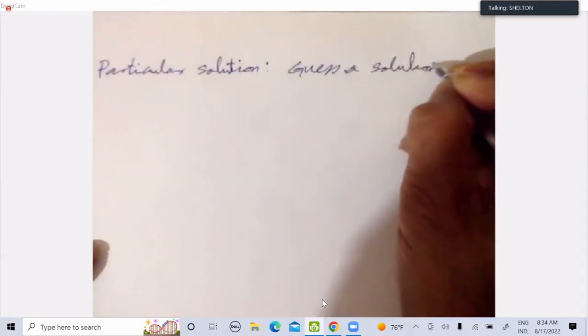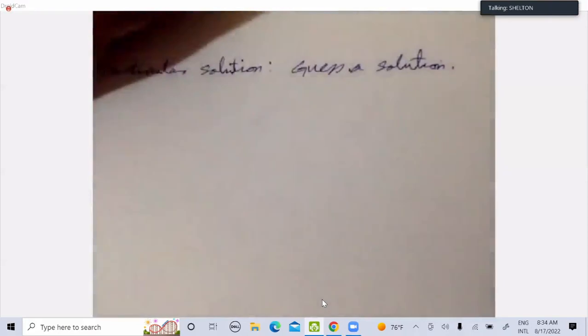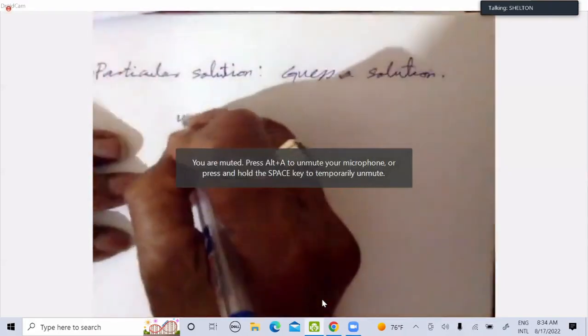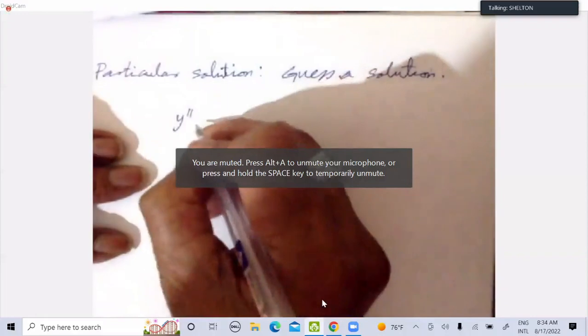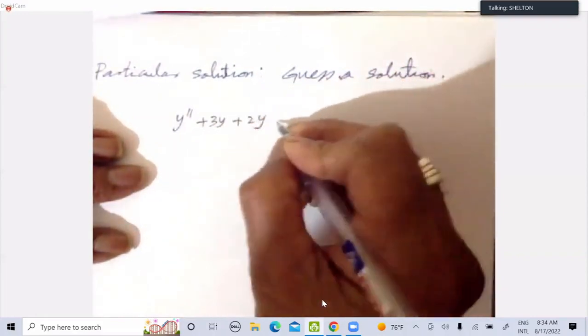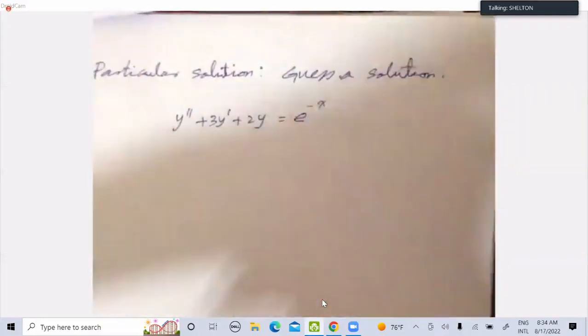Guess the solution. We have the equation given, y double dash plus 3y dash plus 2y equals e to the minus x. You guess the solution.